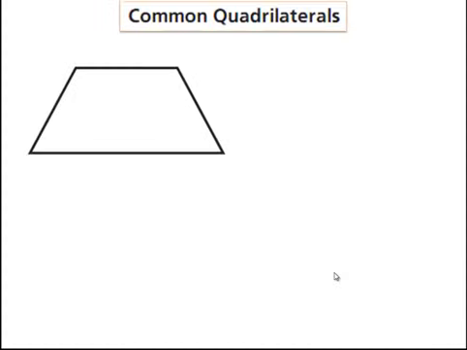Let's go. In this page, guys, you will identify common quadrilaterals. The first one is, do you know this shape? Do you know what's its name? It's a trapezoid. What are its conditions or properties?